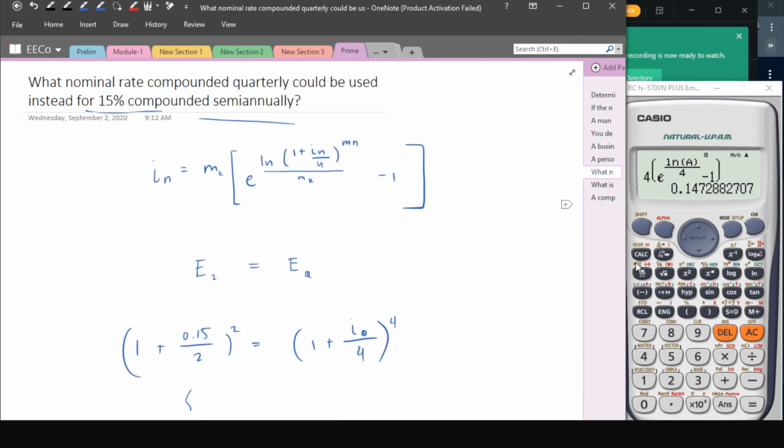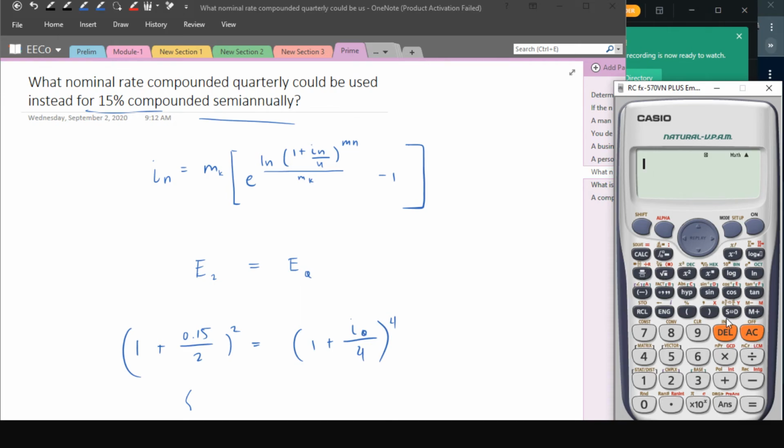Ito. So, m. Yung m dito is 4. Okay, 4. Tapos, e. Shift e. Mahaba lang talaga yung formula. Tapos, ln nung 1 plus i_n. i_n yung binigay dyan, that is 0.15. Divide by 2.